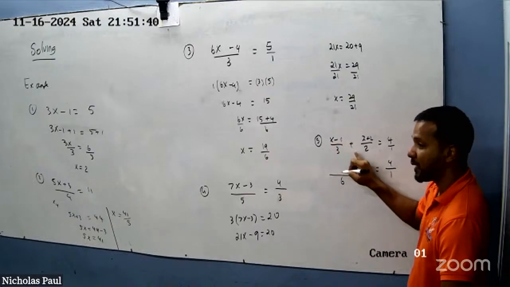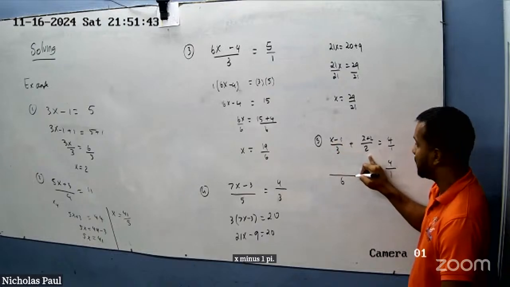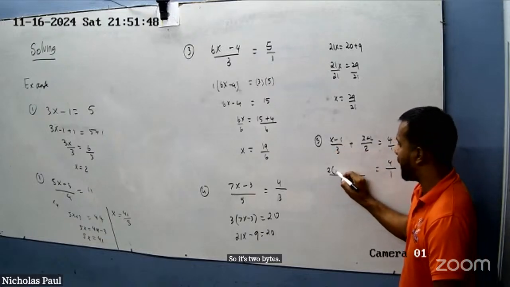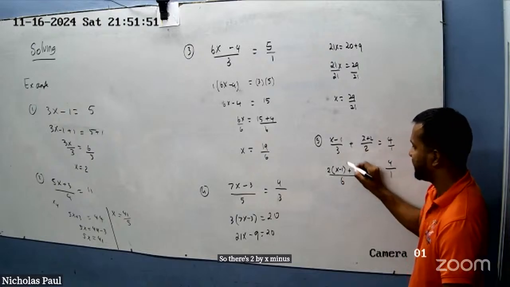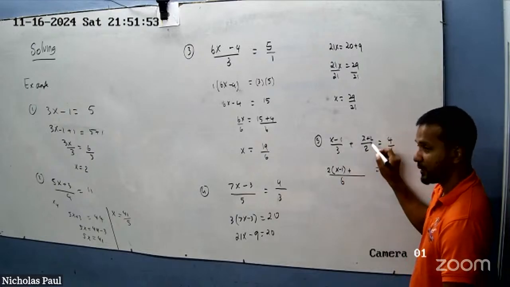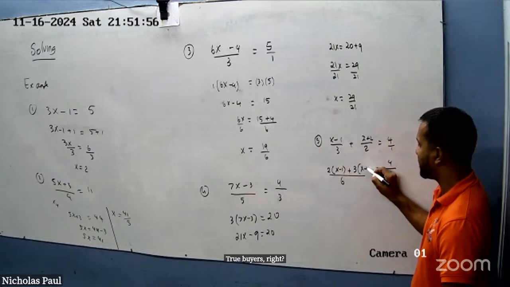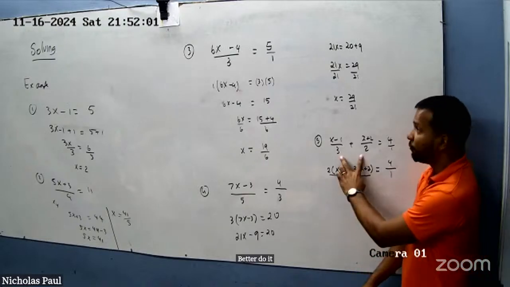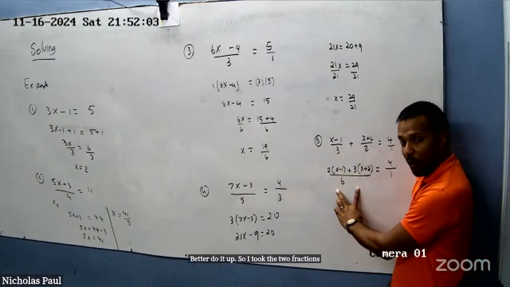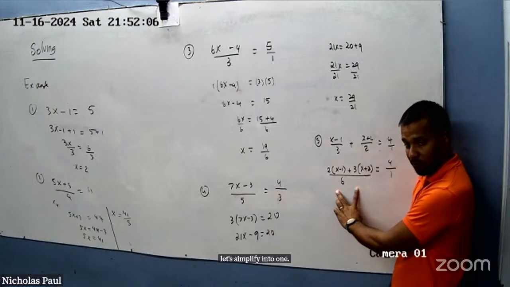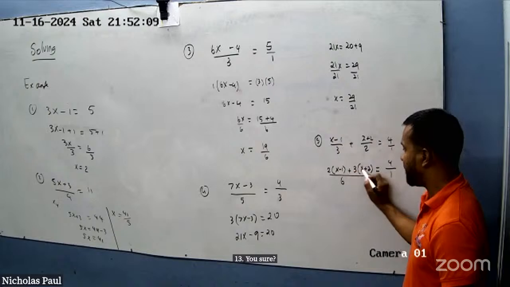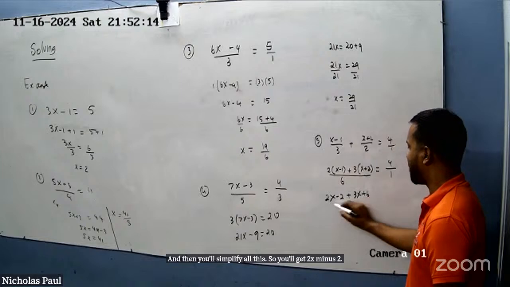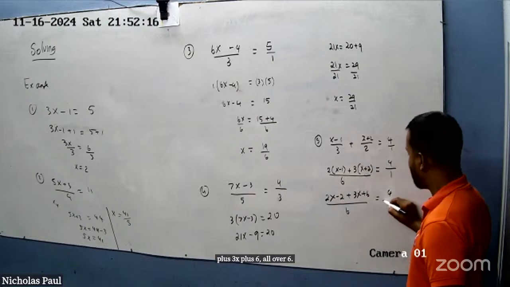It's 2 by x minus 1 plus 3 by x plus 2. So I took the two fractions and simplified them to one. Then you simplify all this, and you'll get 2x minus 2 plus 3x plus 6 all over 6 is 4 over 1.